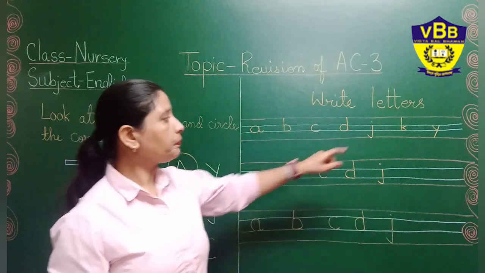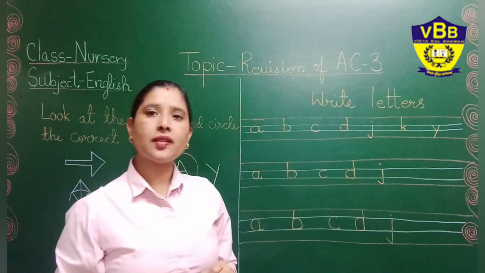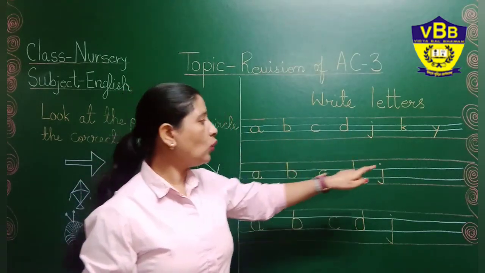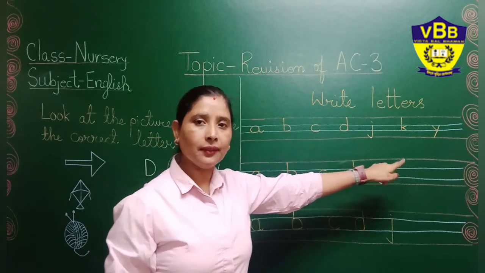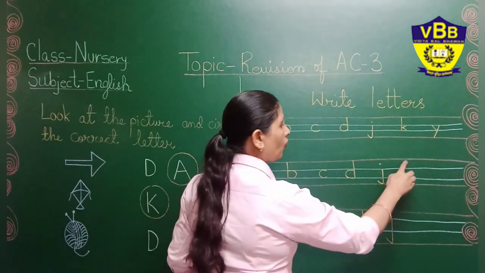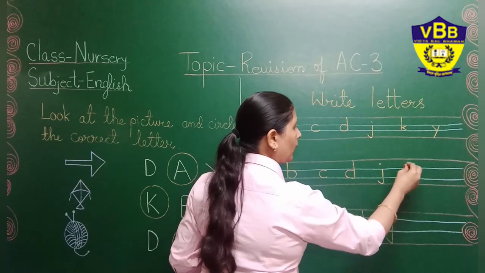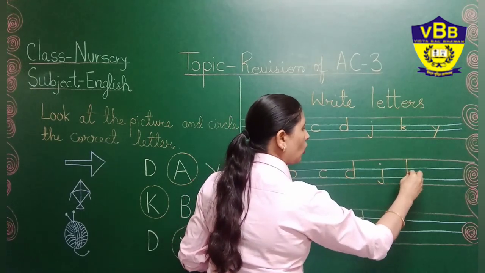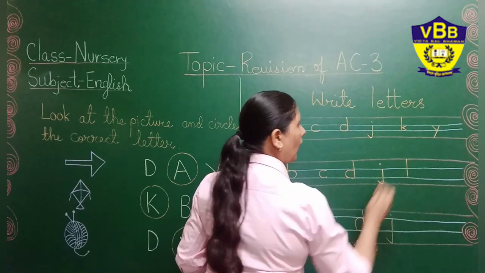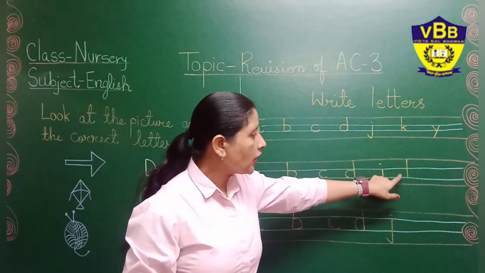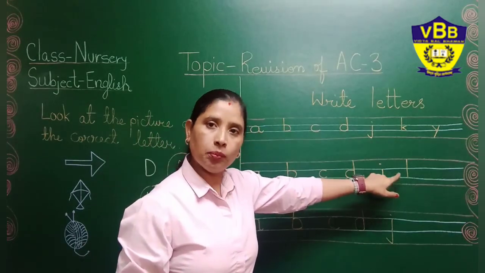Now come to the next letter. This is small k. So to write small k, we will use first red line and we will use first, second, three. One red line, two blue color line. So you all have to make one standing line and now we will make two slanting line between the second and third line, blue color line.